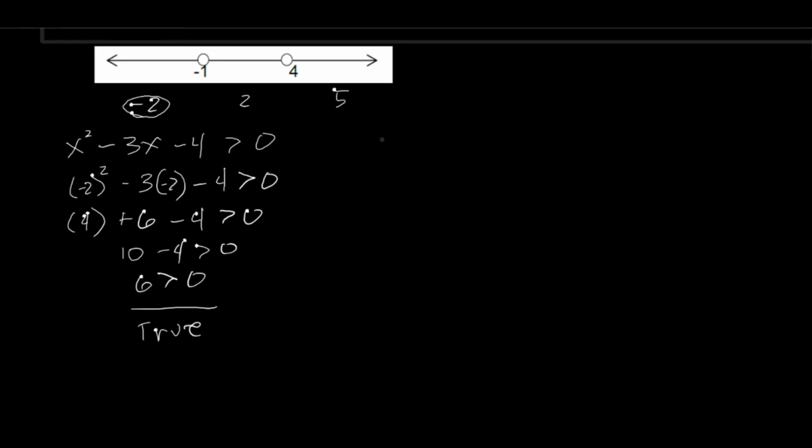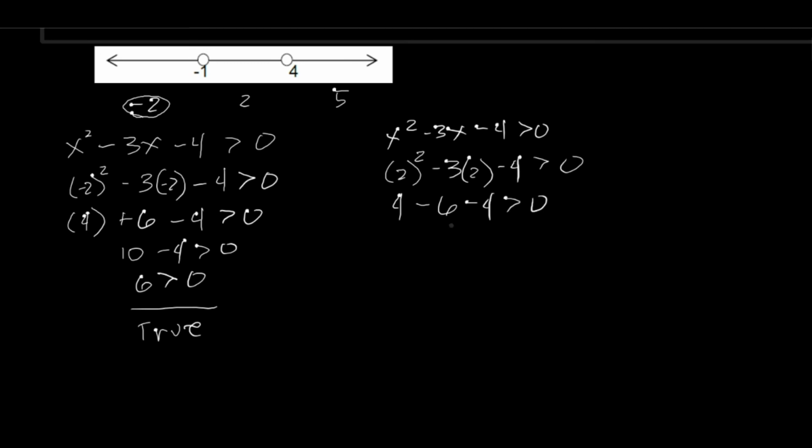Next, solve natin yung positive 2 naman. x squared minus 3x minus 4 is greater than 0. So, substitute lang natin si 2. 2 squared minus 3 times 2 minus 4 is greater than 0. So, may exponent dapat yun na 2. 4 minus 6 minus 4 greater than 0.